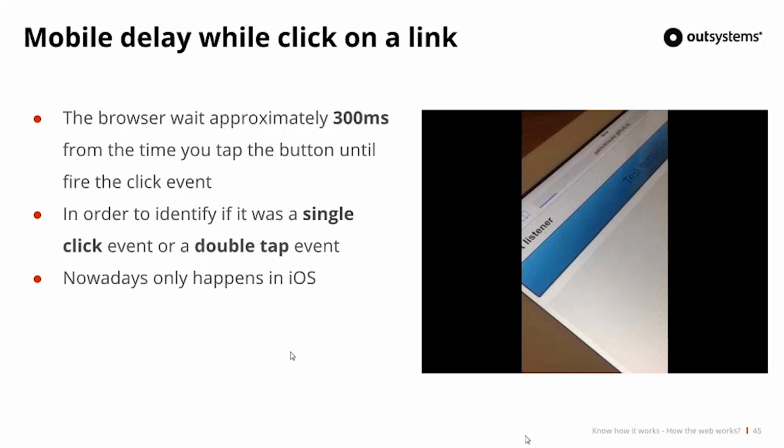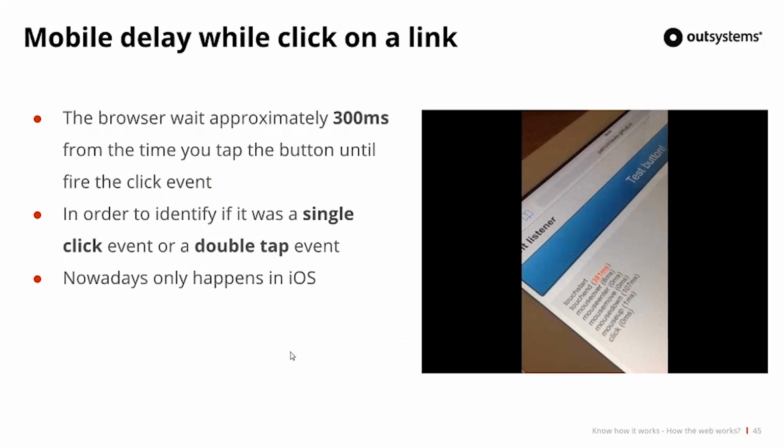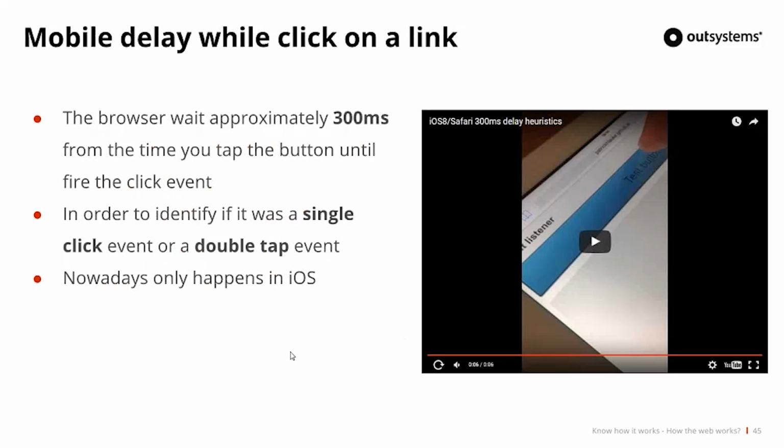The browser needs to identify whether it's a single click, a double tap, or if you are zooming something. So it is more like a protection for the browser to know what is happening. You can use FastClick, for instance, to correct this situation.